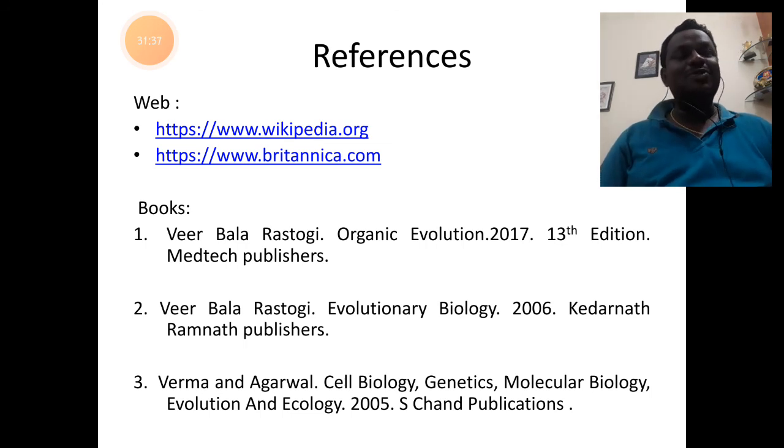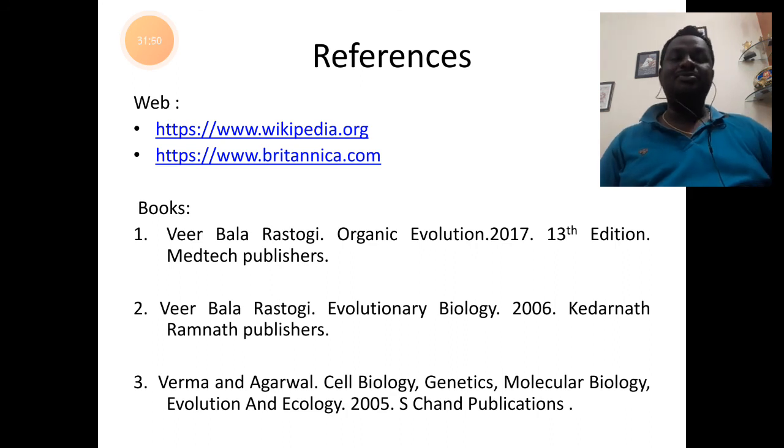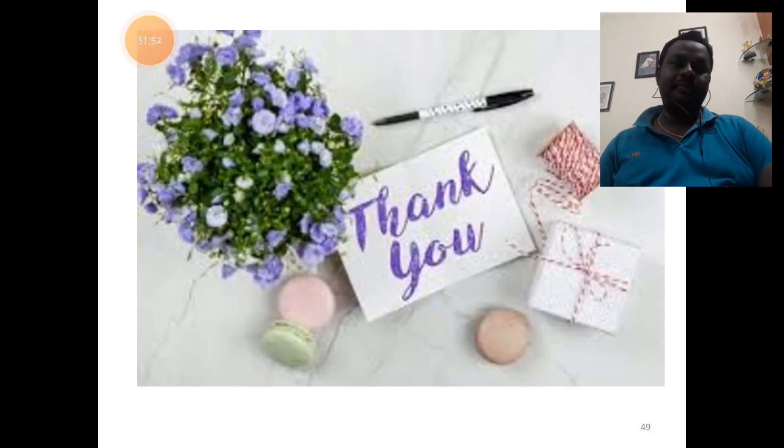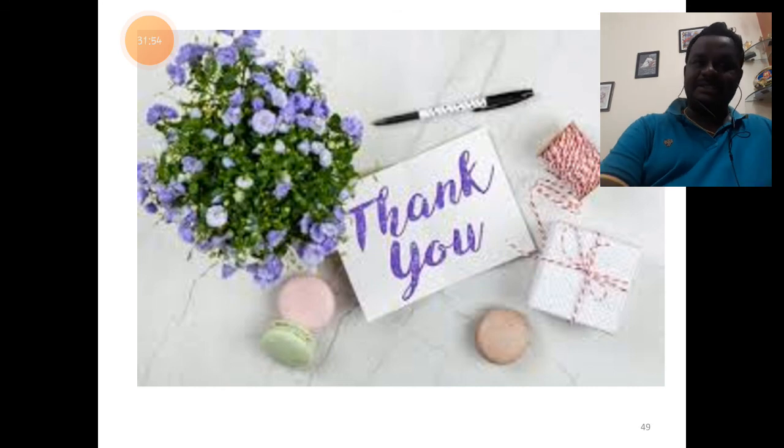Book references include Organic Evolution by Veerabala Rastogi, then Evolutionary Biology by Veerabala Rastogi, then Cell Biology, Genetics, Molecular Biology, Evolution and Ecology by Verma and Agarwal. Students, please understand these two concepts, important for short notes generally.